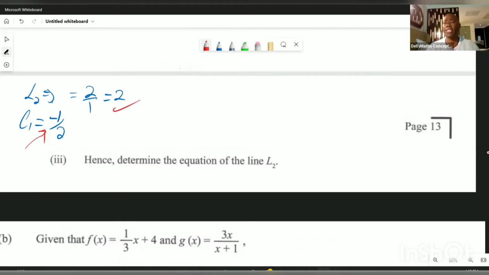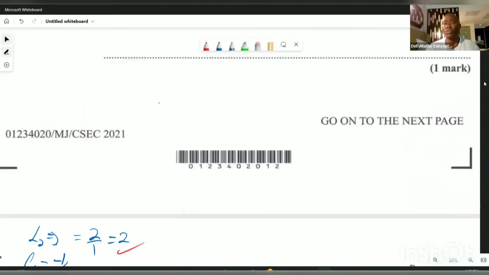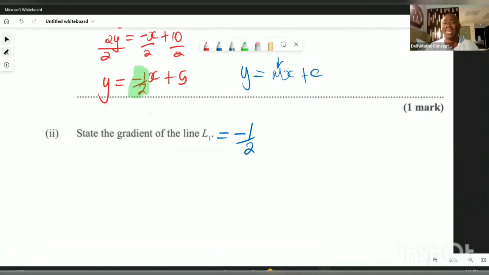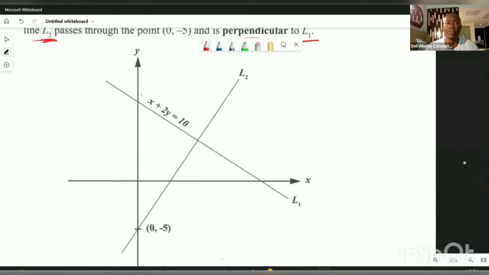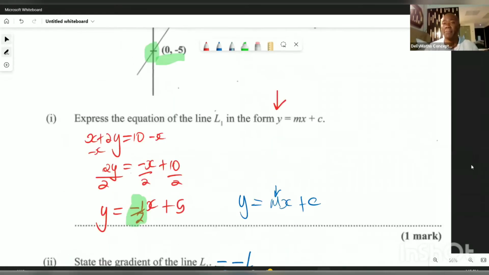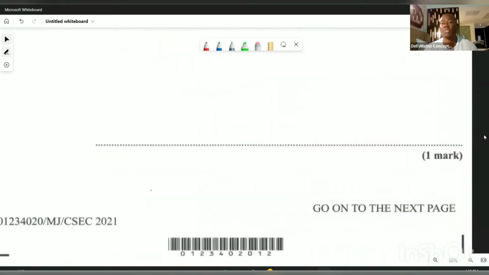Now, if I know the gradient of line 2, all I need is a point that line 2 passes through. We could observe the diagram here. So here is line 2 and it passes here. The y-intercept, as you could see, is -5, which means that with my y-intercept and a gradient, I can write the equation of the line.